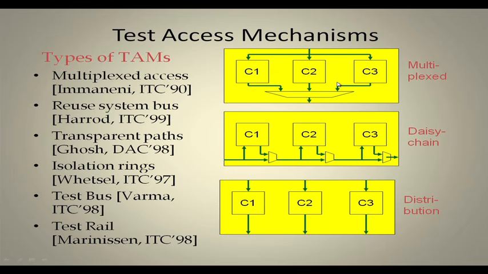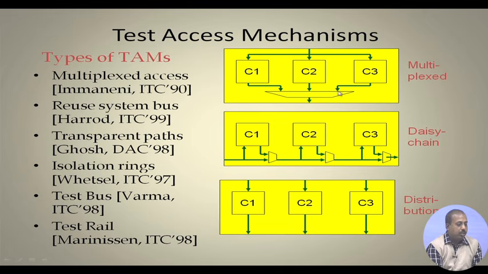There may be some device ID register with C1, C2, C3 that will identify whether the test pattern is for C1 or for C2 or for C3. In the worst case, the same test pattern will be distributed to all the cores. That may or may not be beneficial for some cores, but somehow the pattern is transferred to the core.